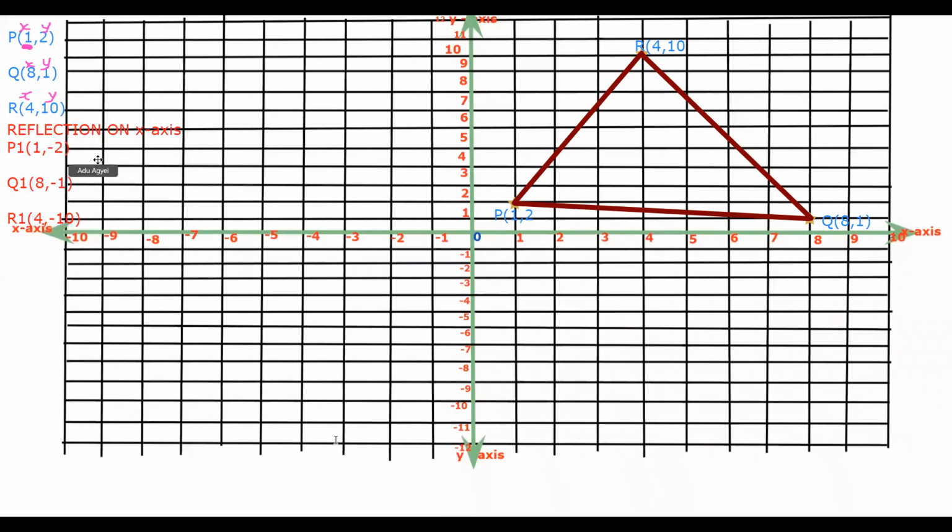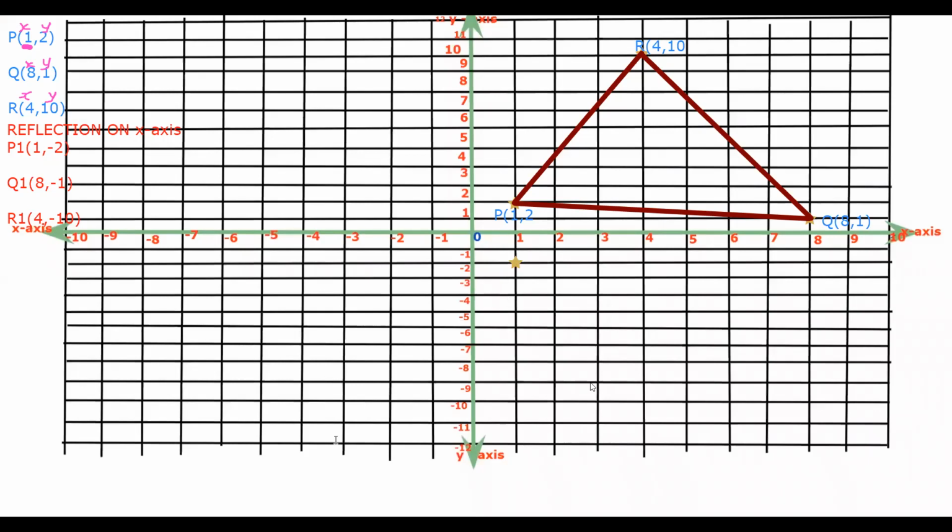So that is the reflection on x-axis. So we are going to plot this one. So P1 will be +1 and then -2. So the +1 and -2 will be here. Okay, +1 and -2. Okay, good.